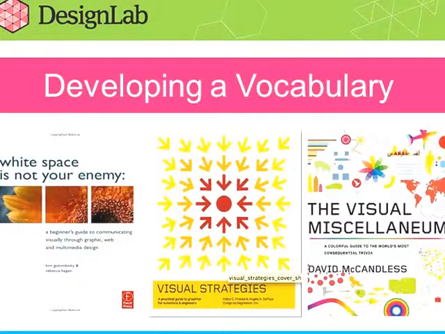It's written for people who haven't had a graphic design class, but take producing charts and graphs and scientific illustrations seriously. Visual Miscellaneum is another one just to have around for a great list of examples, and this is David McCandless's, whose work we've shown and cited quite a bit in this presentation. It's nice just to have those kinds of things available so that you and your students can learn from these examples and call them out and use vocabulary around them.